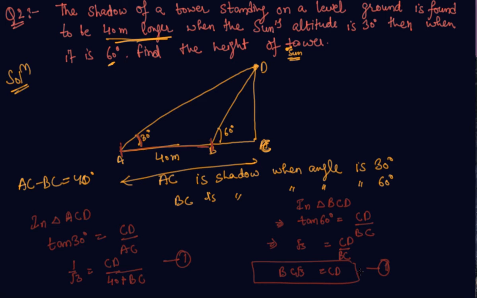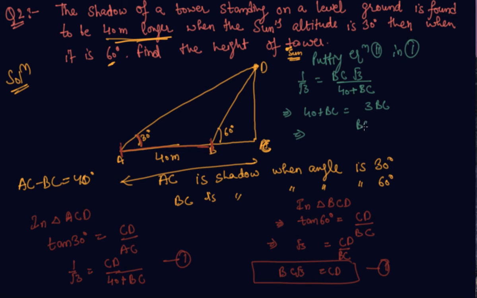I'll put the value from equation 2 in equation 1. So I get 1 by root 3 is equal to BC root 3 upon 40 plus BC. So I will cross multiply. 40 plus BC equals 3BC. So I will get BC equal to 20 meters.